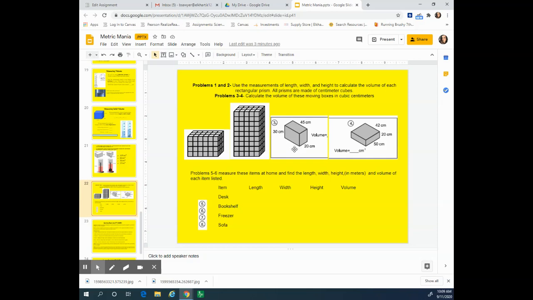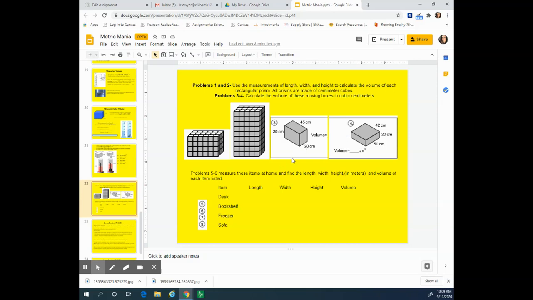So you have your length at 30 centimeters, your width at 20 centimeters, and then your height at 45. So you're going to say 30 times 20 times 45 to get your volume in cubic centimeters. Okay, so you see how you express cm³? That's what you're going to do there.